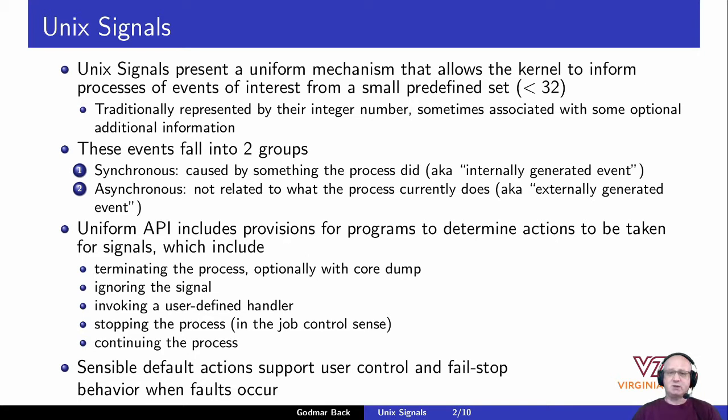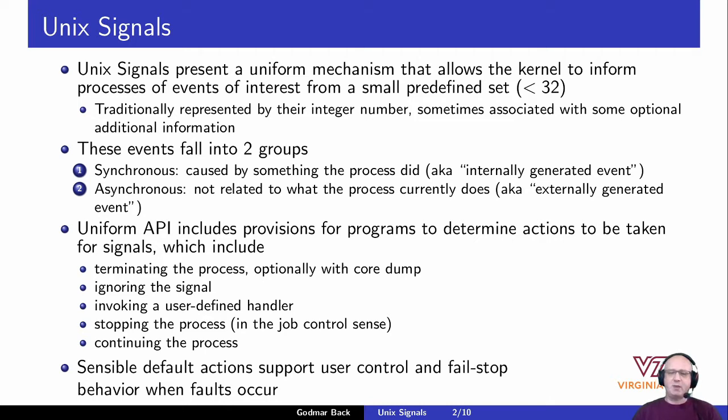So placing processes into the stopped state and then continuing that process is also done using signals in Unix. And here, stopping, remember, means that the process is temporarily suspended until such time when the user continues it with a signal.